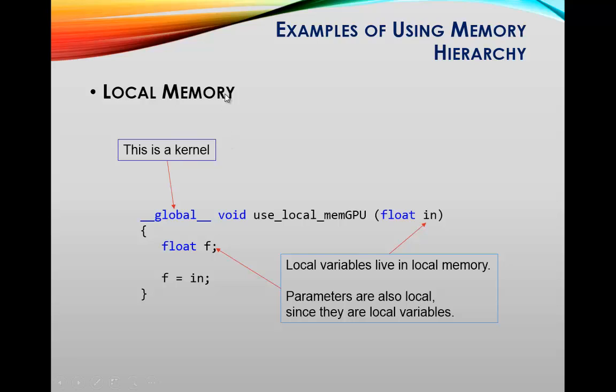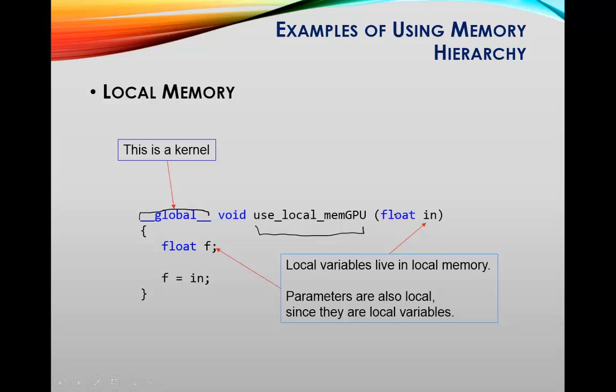If you look at a kernel, basically you've got a global keyword that tags this function as a GPU function. It doesn't return anything, and I'm passing to it an integer and a float variable. Local variables live in local memory for each thread. Essentially, they're kind of register level memories.